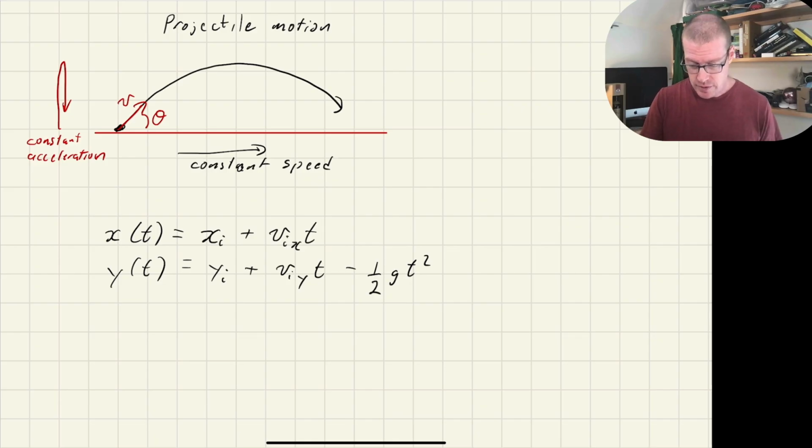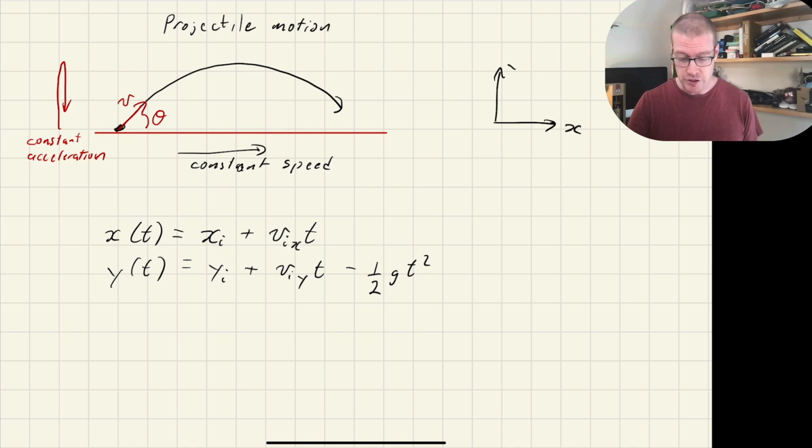So the x direction is pointing in that direction, for example, and the y direction is up. And it's because I chose the y direction up that this is the negative sign.